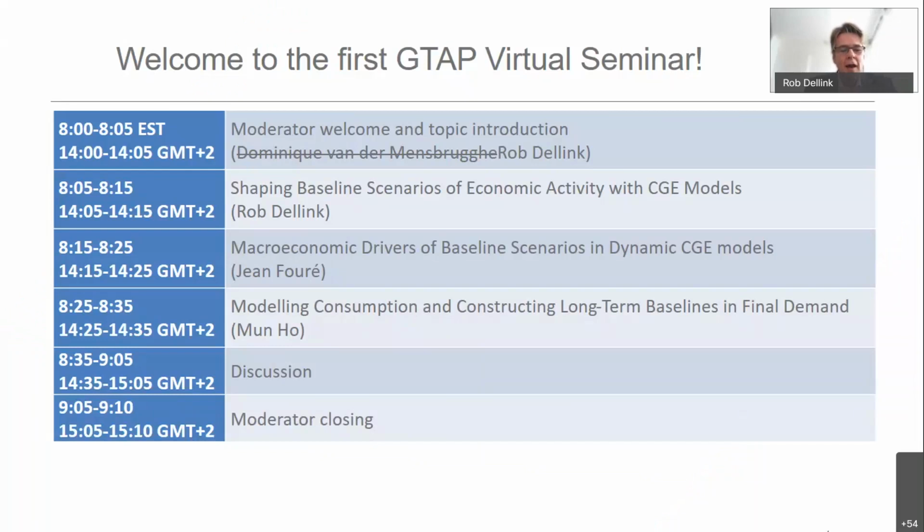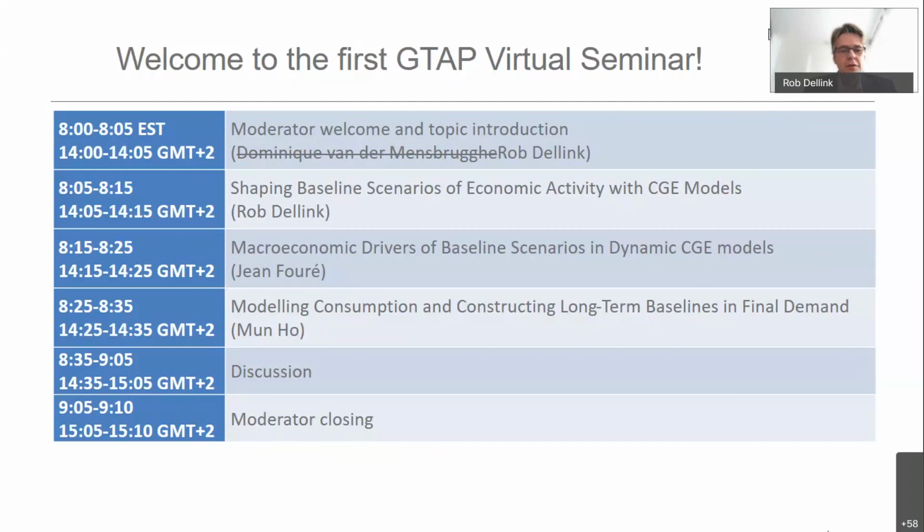The outline of the meeting today is that we start off with a short introduction of the topic. It was originally planned that Dominic van der Mensbrugghe would do that, but he had to pull out at the last moment, unfortunately, so I've taken over as moderator. I will then smoothly move on to my own presentation, which introduces this topic of shaping baseline scenarios of economic activity with CGE models.